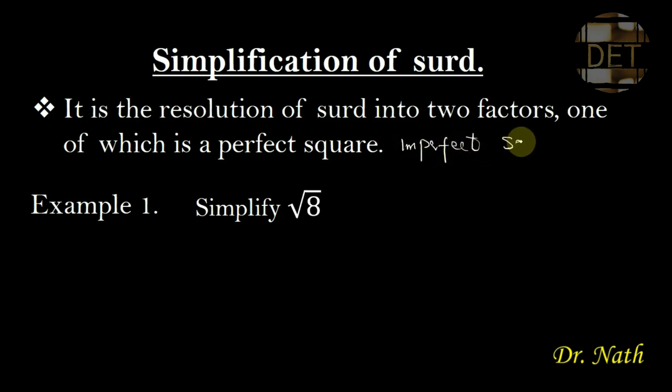That is, the breakdown of a surd into two factors, one of which is a perfect square and the other an imperfect square. This is what the simplification of surds is all about.